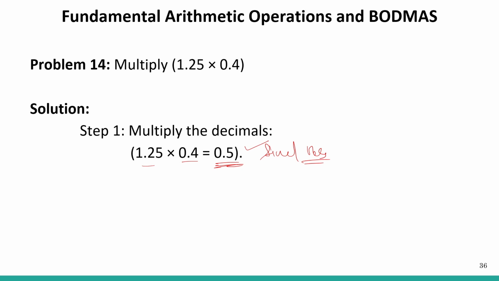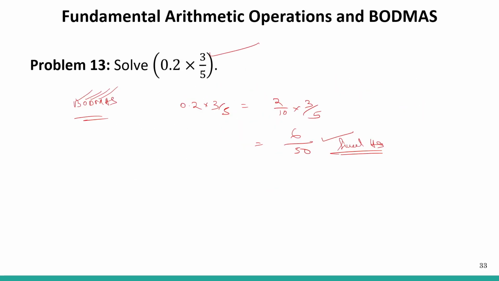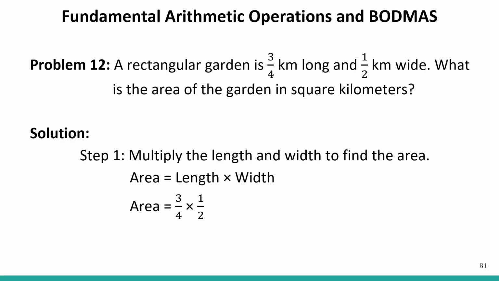So we multiplied, we divided. We solved also mixed numbers and fractions. We solved the word problems also. So these kind of problems are very important for the exam perspective. So this is all for this lecture. Thank you.